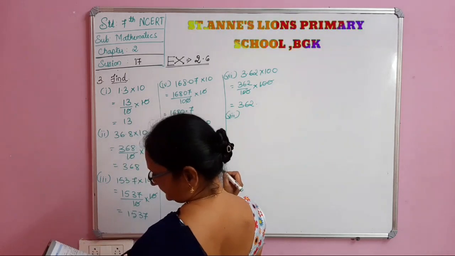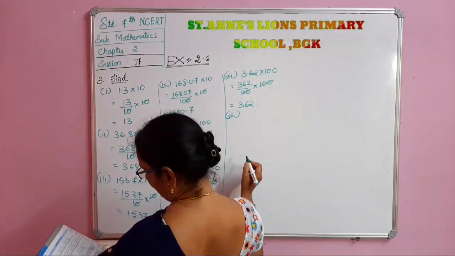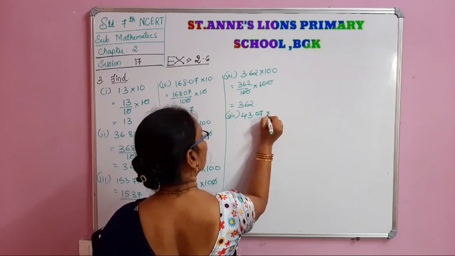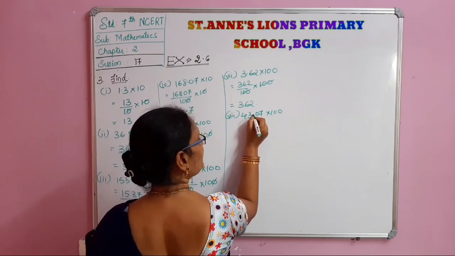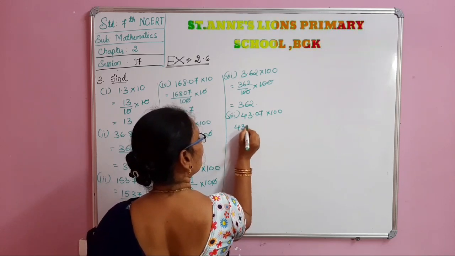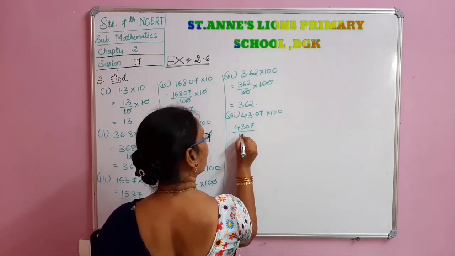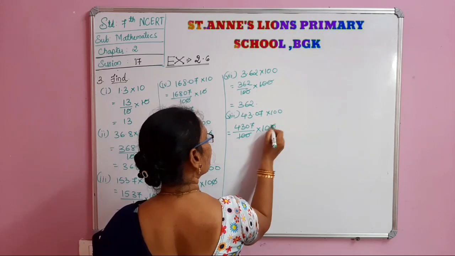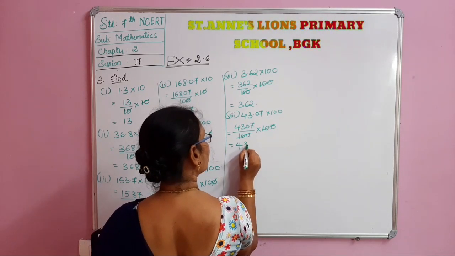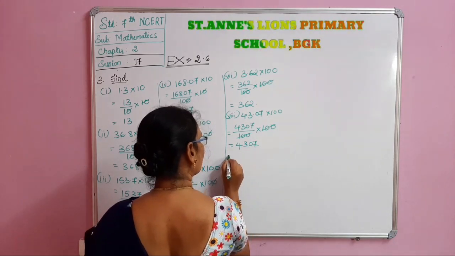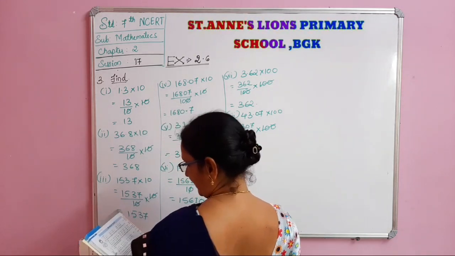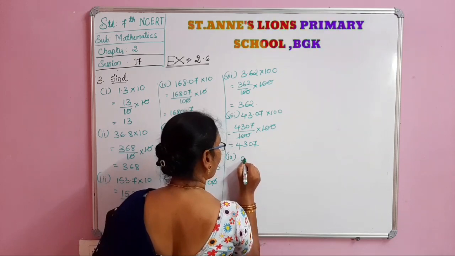The next one is eighth one, 43.07 into 100. Here decimal point is in the hundreds place. 4307 by 100 into 100. 100 got cancelled. Answer is 4307.